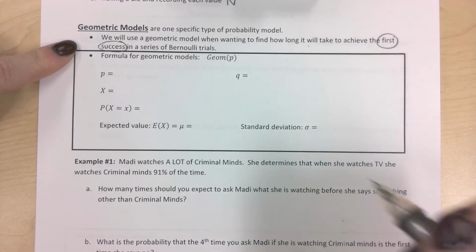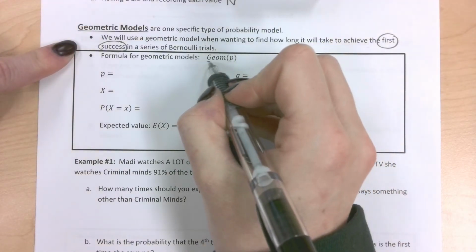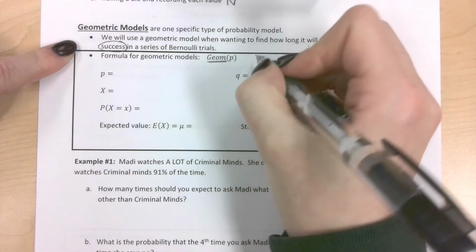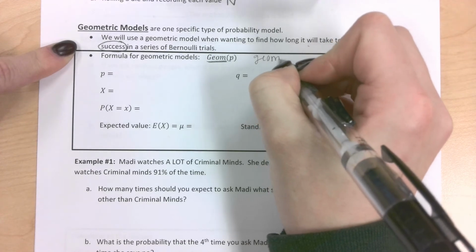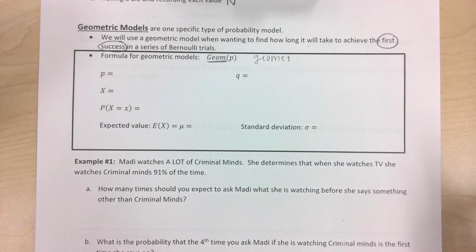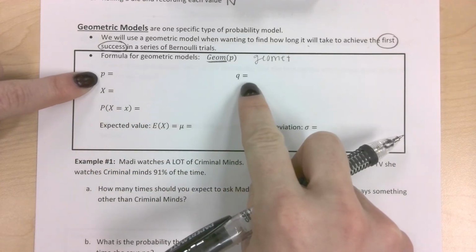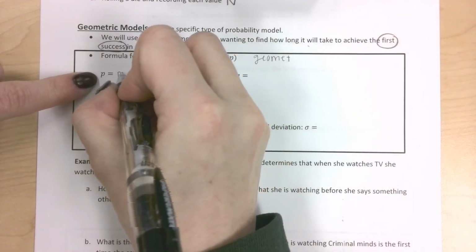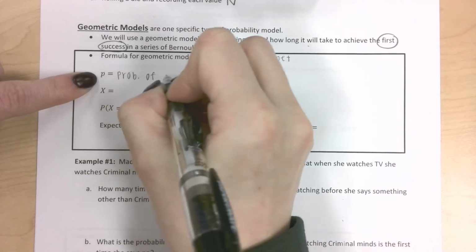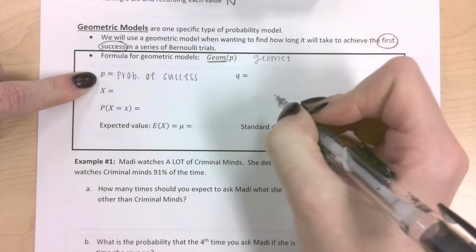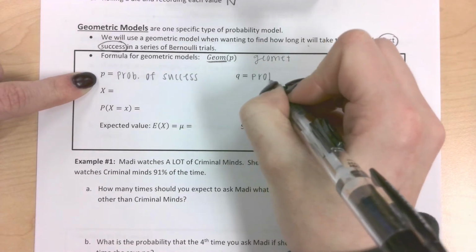Now, when we're working with geometric models, we are going to use this little acronym here, just GOM. Sometimes we just put geo. You might put geomet. That would be fine. Any of those notations there will tell us we're looking at a geometric model. Now, with geometric models, we are going to have P and Q. P is the probability of success, and Q is the probability of failure.